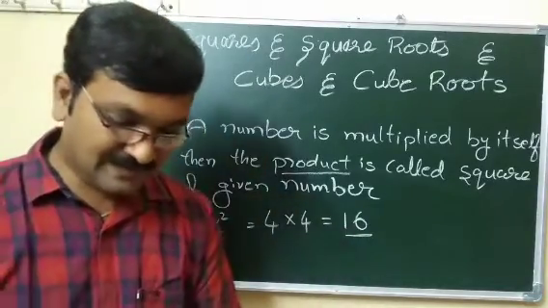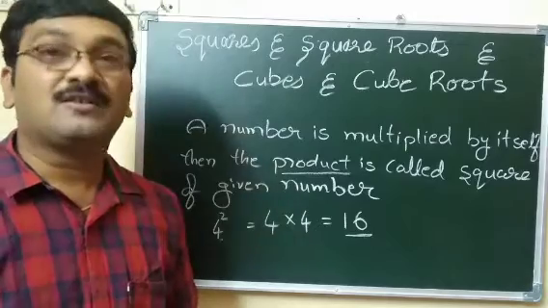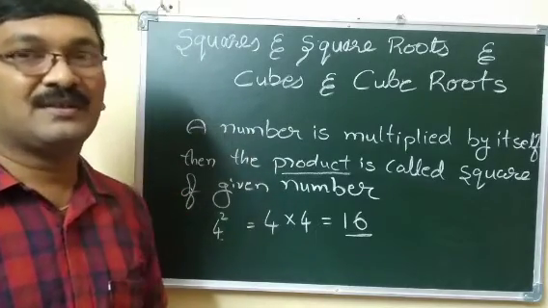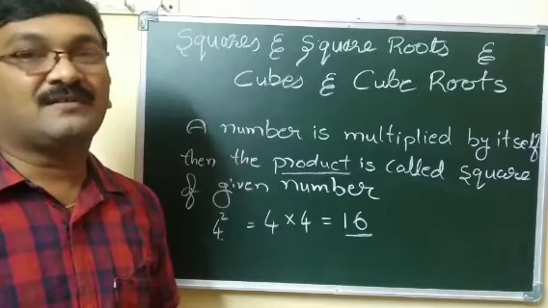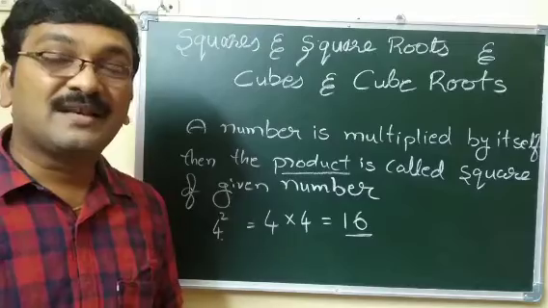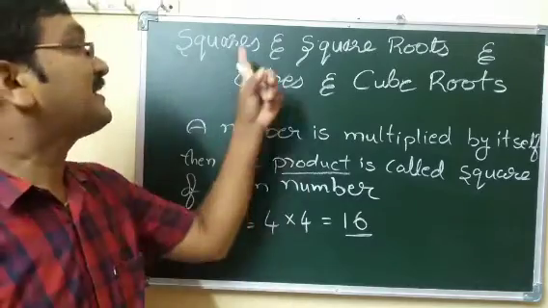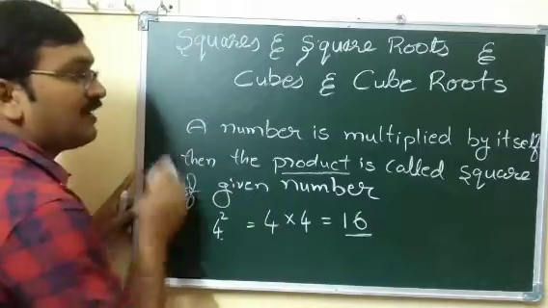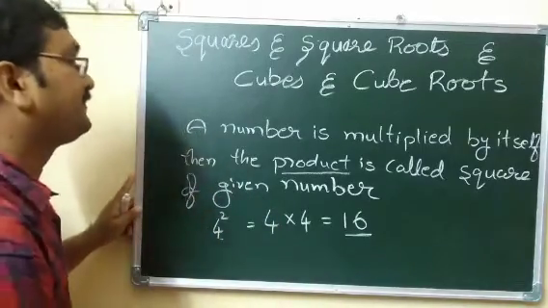We'll go for the basic concept before going to the topic. Everybody must know the squares of the first 20 numbers. The second topic is also cubes and cube roots, and here squares and square roots are also needed. So everybody take down this definition.